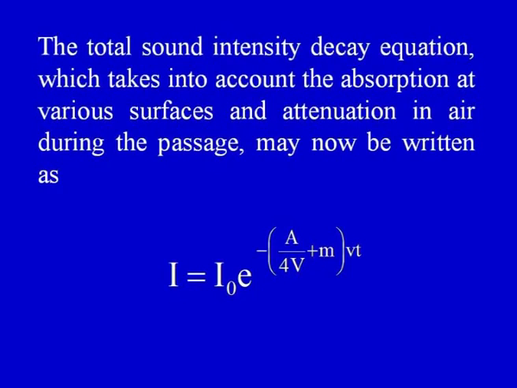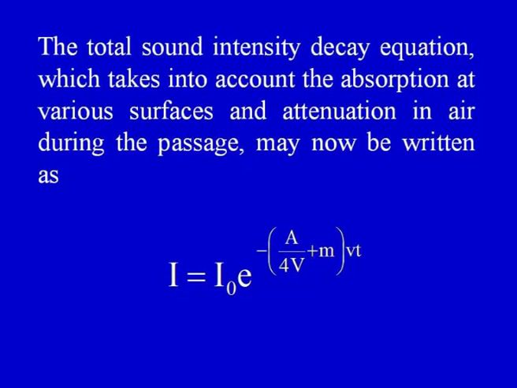The total sound intensity decay equation, which takes into account the absorption at various surfaces and also the attenuation in air during the passage, may now be written as I equal to I naught e raised to the power of a upon 4 v plus m, and all of this multiplied by v into t. You see, the modification is this term containing m.